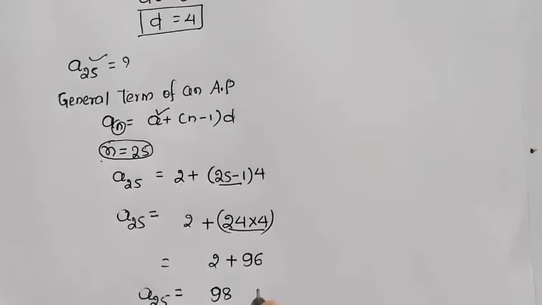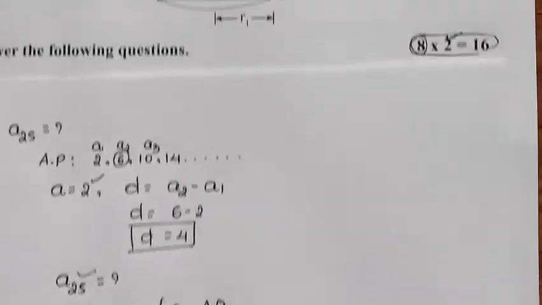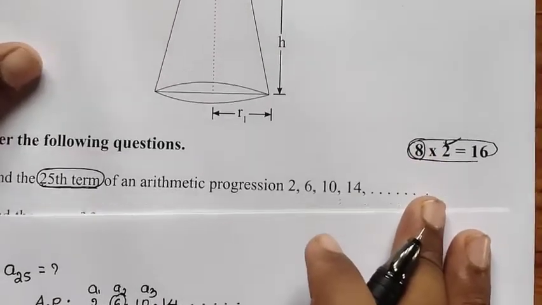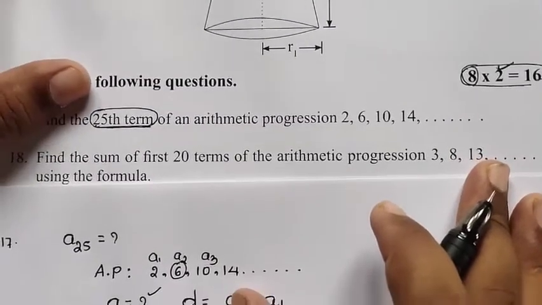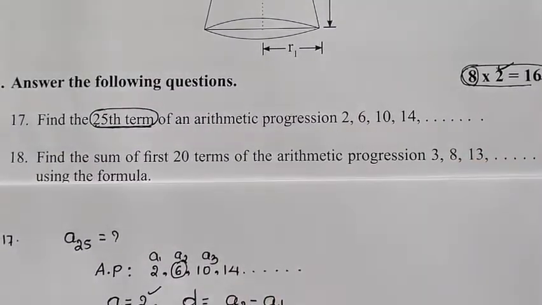Now when we see this question once more: find the 25th term of an AP 2, 6, 10, 14, etc. That 17th question we solved.